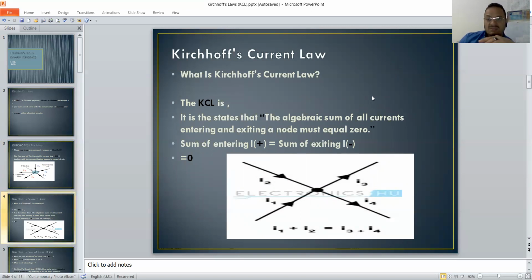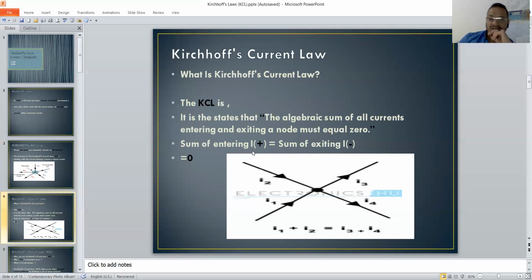The summary of these 2 statements, when we're dealing with KCL, means summation in current must equal summation out current. But actually, when we start to solve the examples, we will say that's right, the same result, but opposite charge.